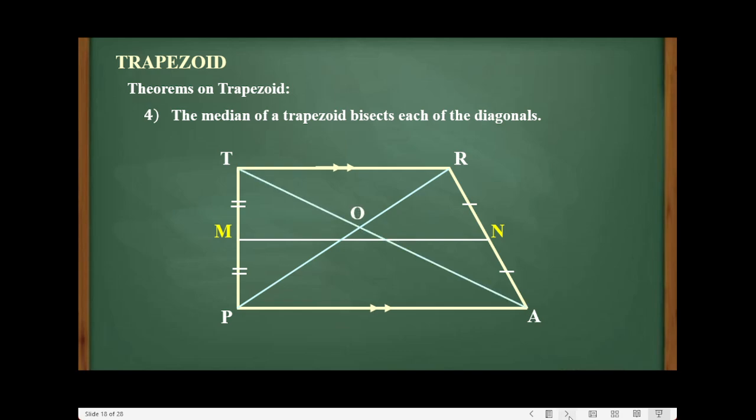The intersection of the two diagonals is at point O. Now the median intersects the two diagonals at point X and point Y. Just like points M and N, points X and Y are also midpoints of their respective diagonals.